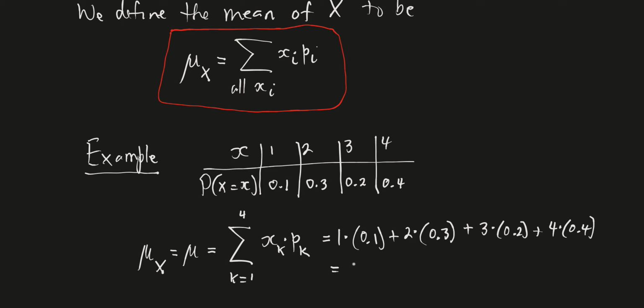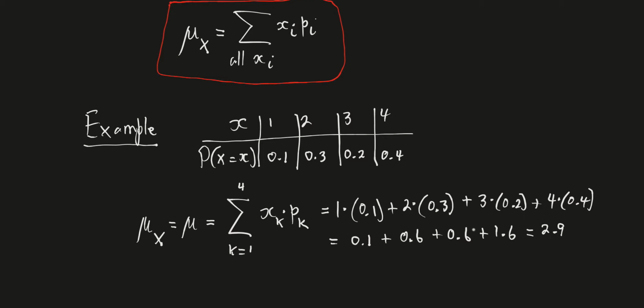So let's see what we have here. This is 0.1 plus 0.6 plus another 0.6 and then plus a 1.6. So add those four together and we will get 2.9. Right? There we go.